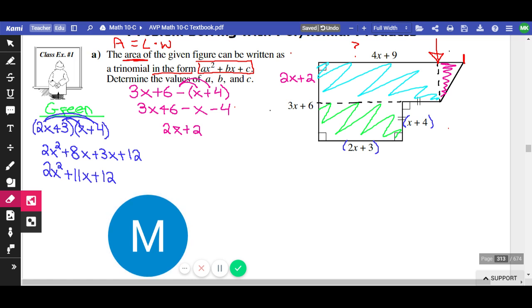Maybe I should leave one boundary up there so it's pretty clear. It's from here to here.